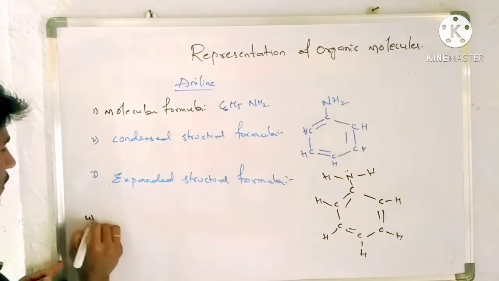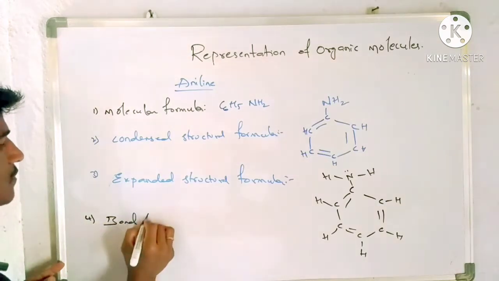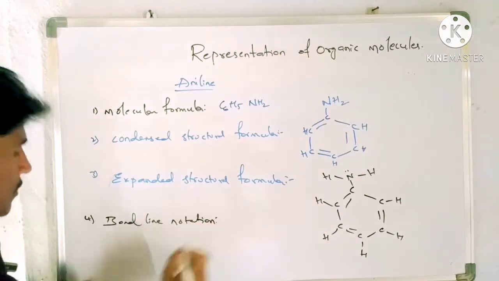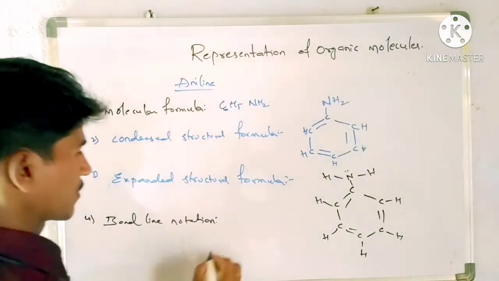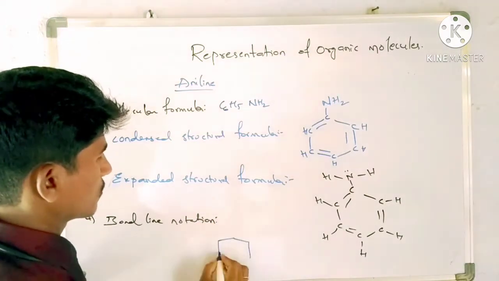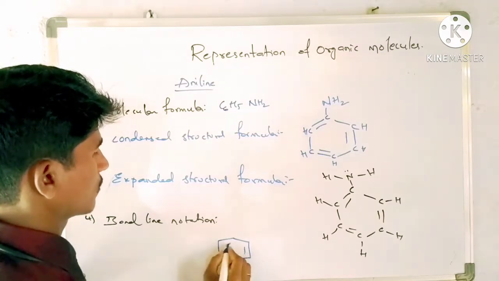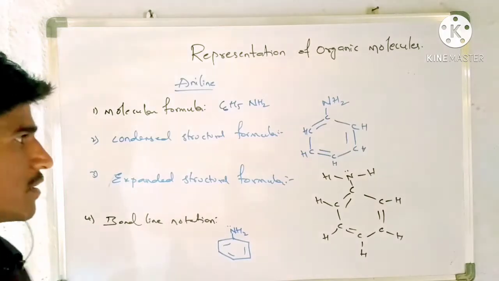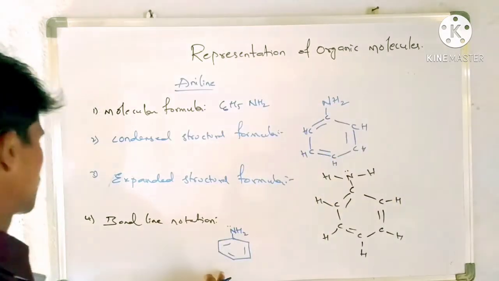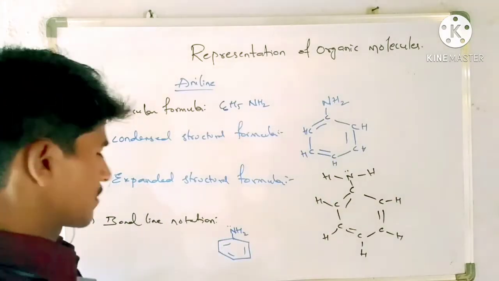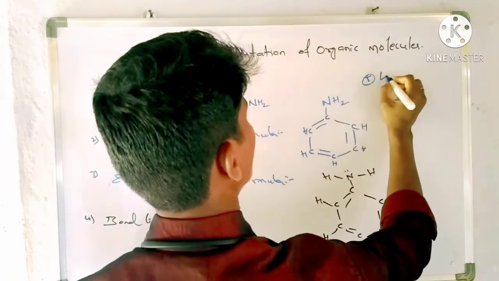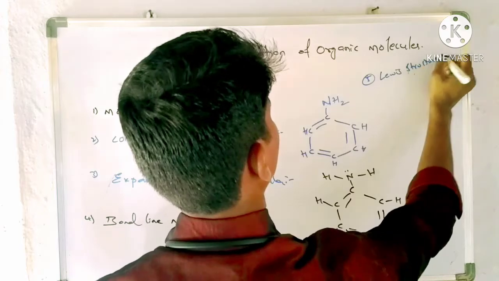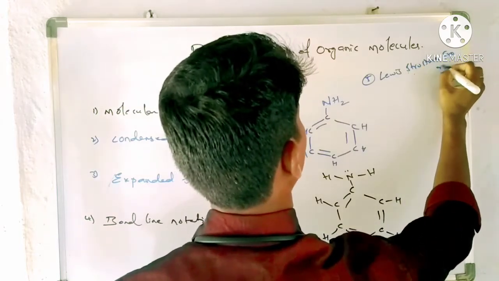And the next, the fourth one, bond line notation. In the case of bond line notation, this is the bond line notation for aniline. Now you can assume this is the bond line notation. Next, for example, let's consider the fifth one, the Lewis structure formula.